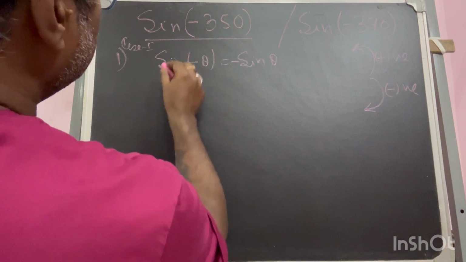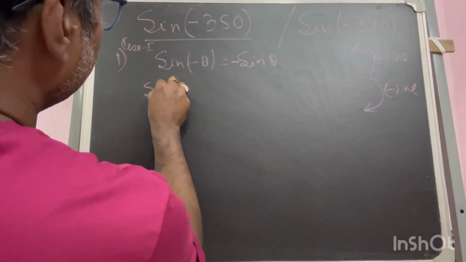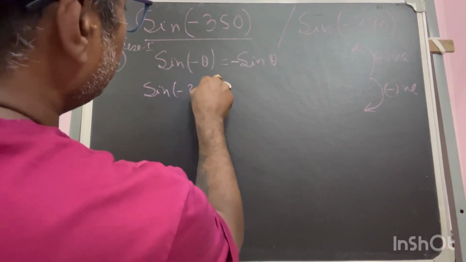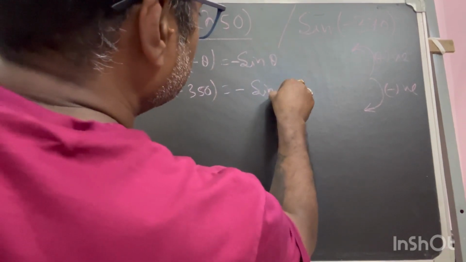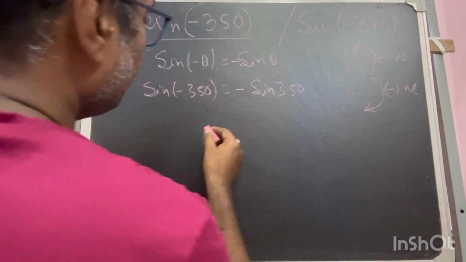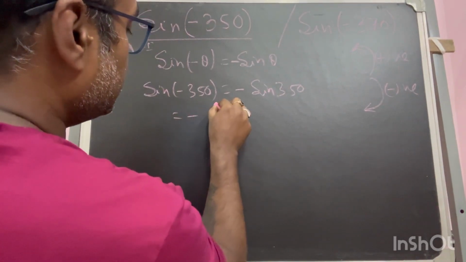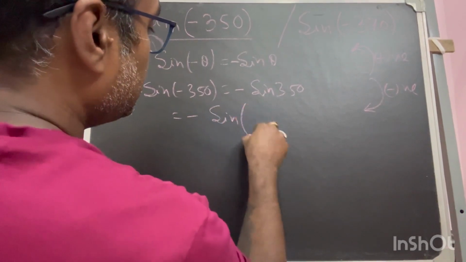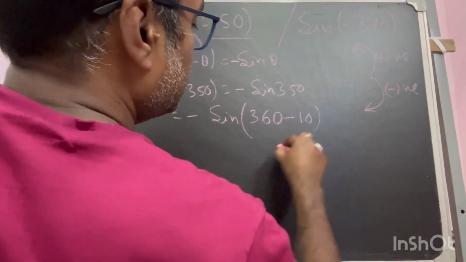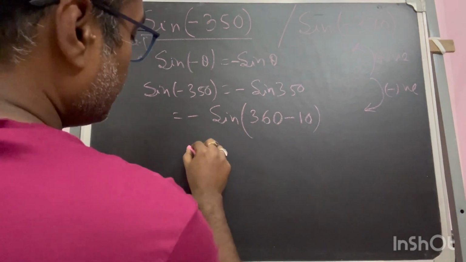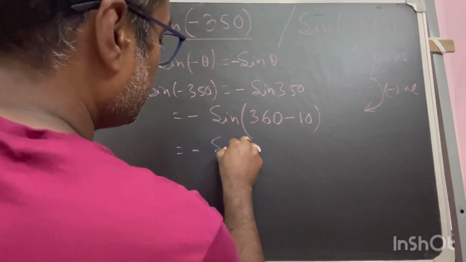So if I do this, this sine of minus 350 can automatically be written as minus sine of 350. Now further, this 350 is nothing else than 360 minus 10. What is 360?